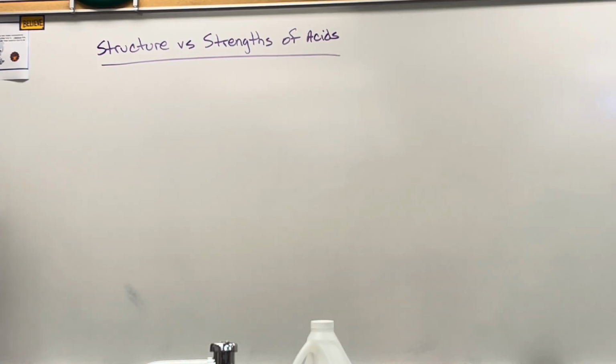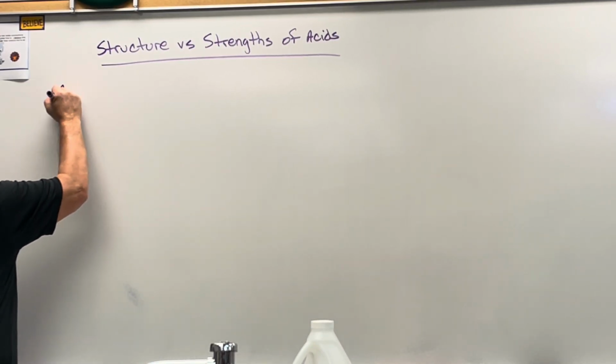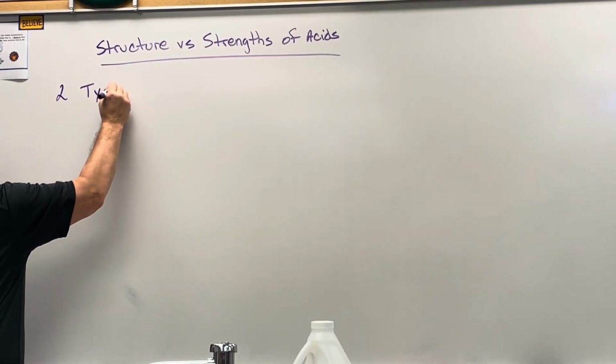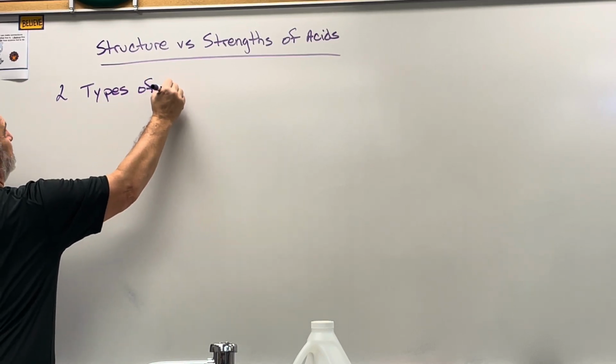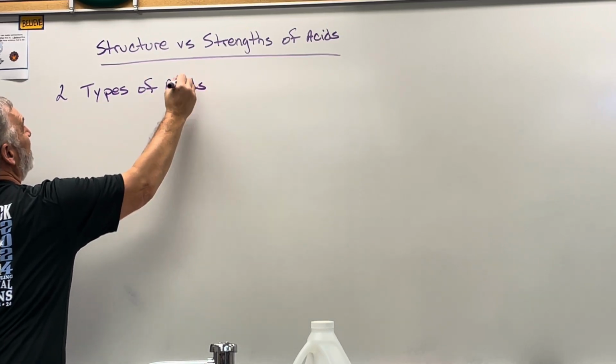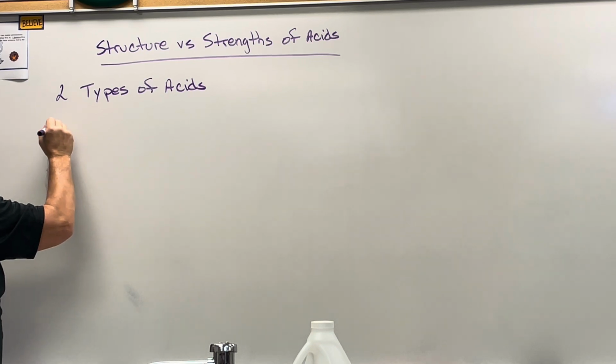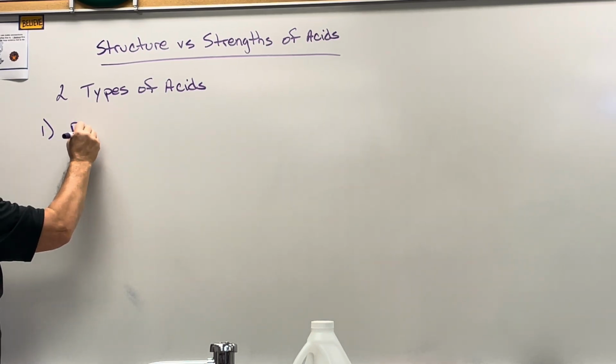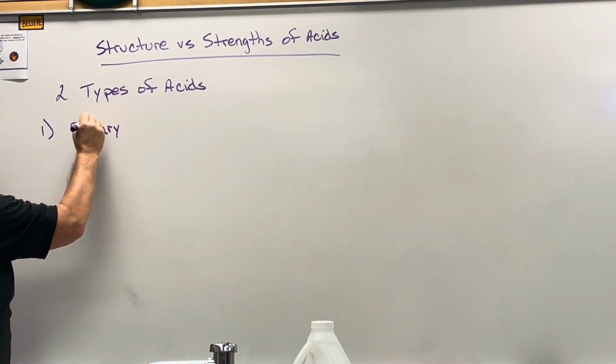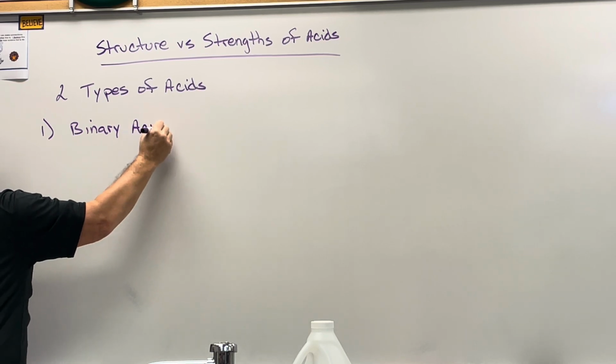Okay? Structure versus strength. Now we have two types of acids. And I'm going to have to add in one thing here on binary. So we have a binary acid, and what do we remember that a binary acid is?